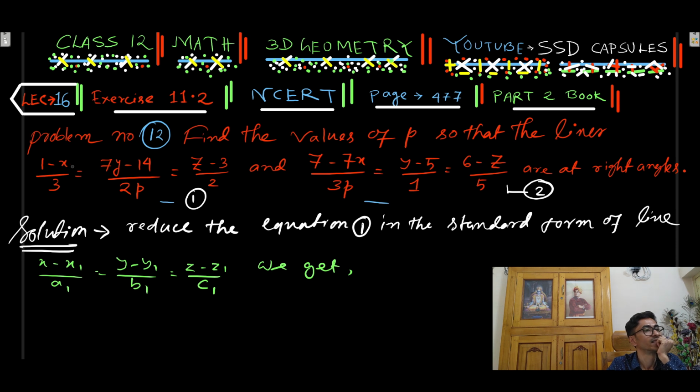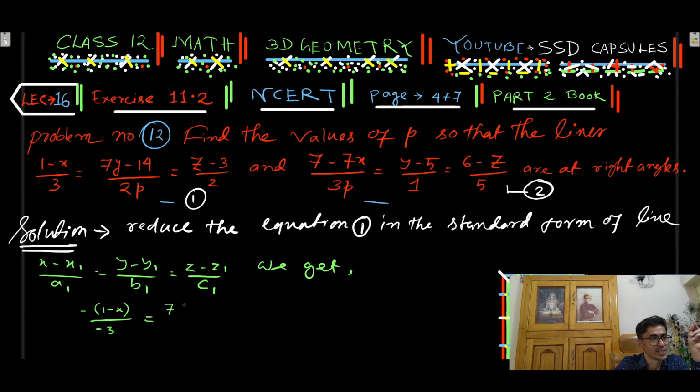Okay, so here we have 1 minus x. We multiply the numerator and denominator by a negative sign; minus minus cancel, and the whole thing remains the same. We take 7 common, so y minus 2 by 2p, z minus 3 by 2.